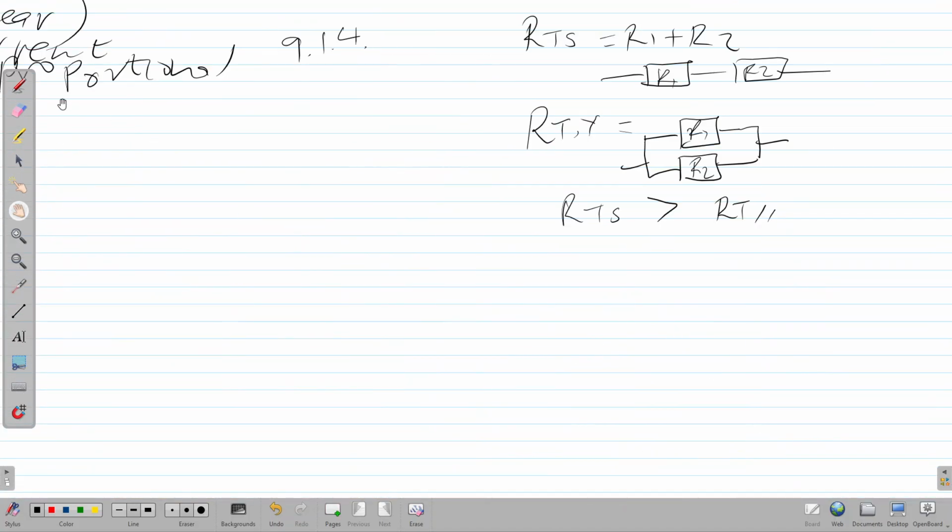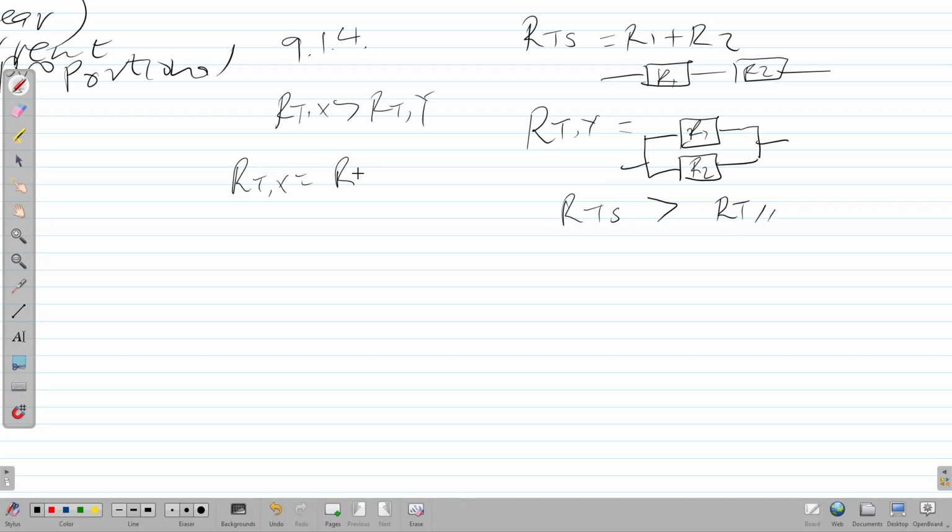So we deduce that since the gradient of graph Y is 1, the total resistance RTX is greater than the total resistance of Y. So RTX is the series combination.